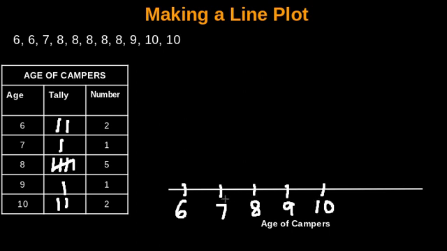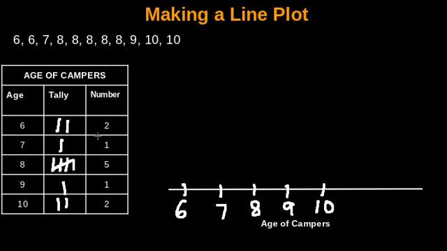So this is a line plot. For a line plot, you need a line here and then order your data from the least to the greatest on the line, and then you represent the frequency of the ages, or whatever data you have, with X. That's what makes a line plot.